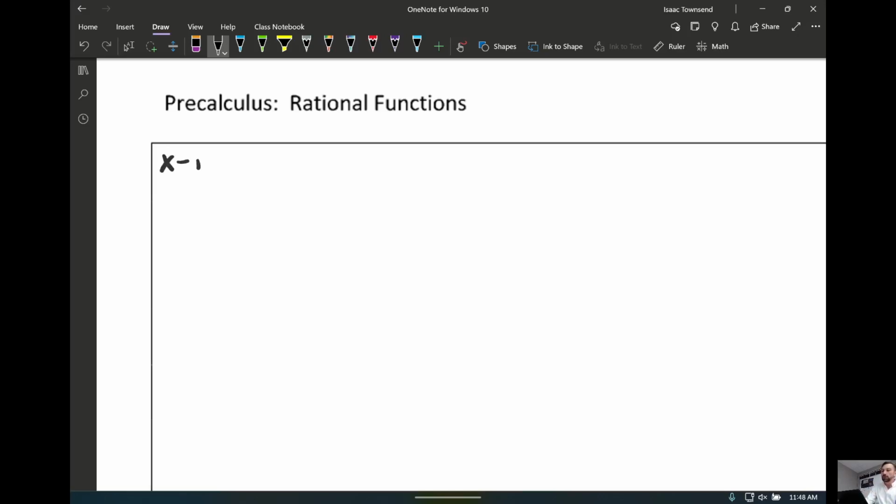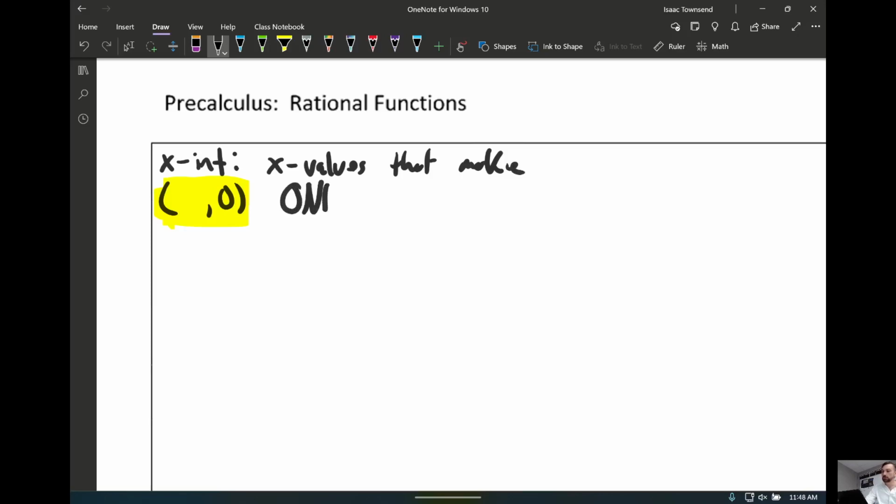Okay, so if I start off with x-intercepts, I know x-intercepts are when y is 0. X-intercept is a point, so my answer should look like this. And for a rational function to have a y value of 0, you need the numerator to be 0. So this is going to occur for any x values that make only the numerator equal to 0.